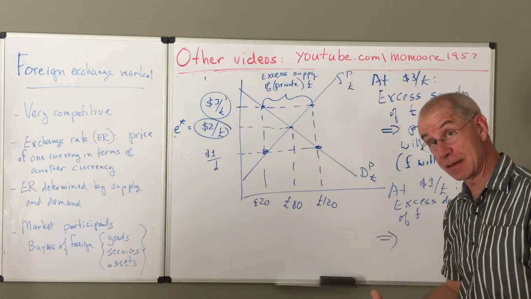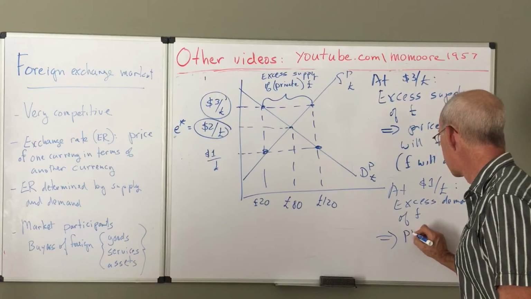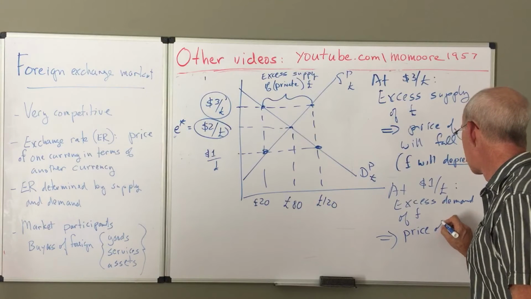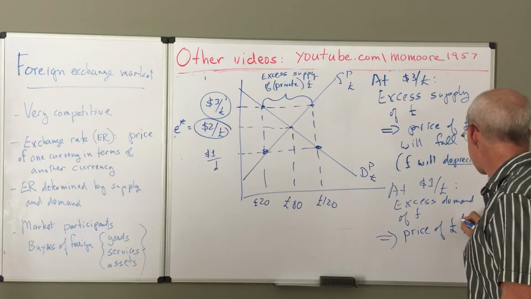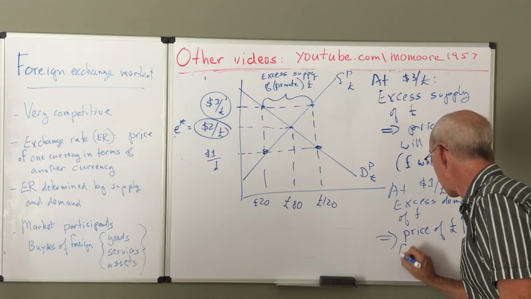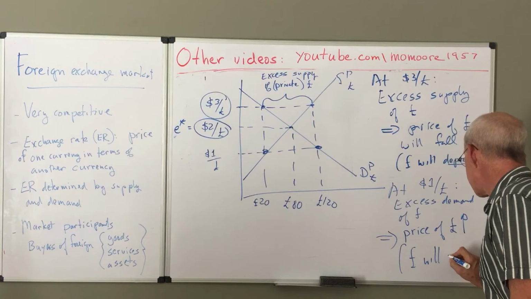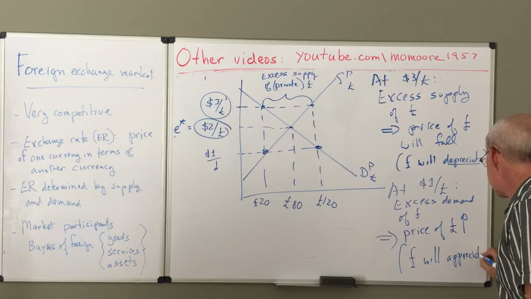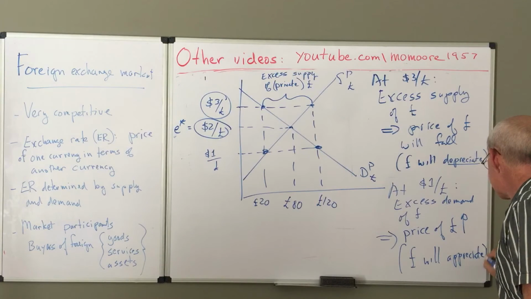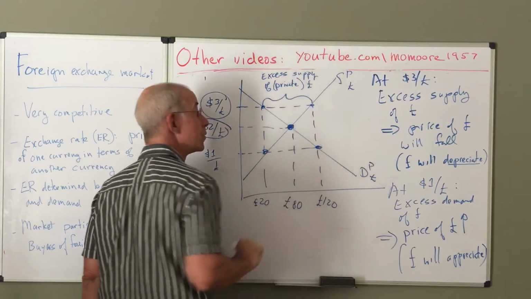When the demand exceeds the supply in a market, the price rises. So the price of pounds will rise. What we call that is an appreciation. So the pound will appreciate, up to, again, this $2 per pound.